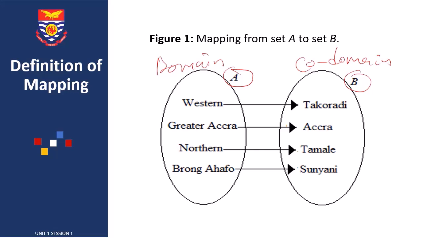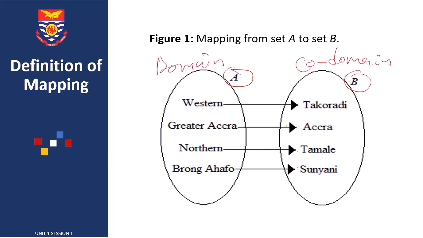How did this come about? You can see that it's following a certain pattern, and actually it talks about a rule. Takoradi, Accra, Tamale, and Sunyani are what we call the set of images, or the codomain, as I've written there, and the other is the domain.